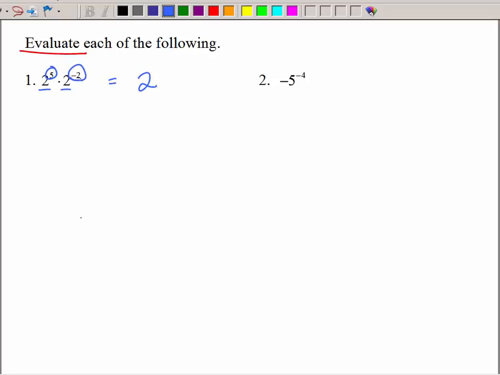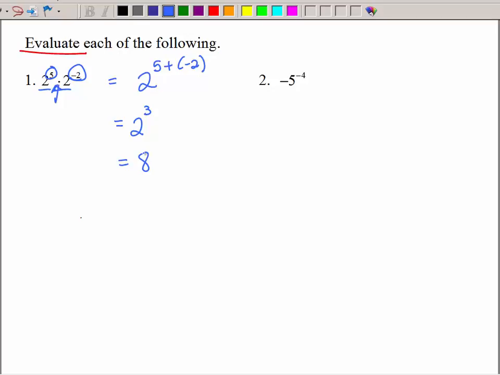And what do we do with those exponents if we're multiplying the same base? We would add them. So that's 5 plus a negative 2. So that's 2 to the 3rd power, which means 2 times 2 times 2, which is 8. So notice I did not take the reciprocal. I just used my rules of keep the same base and add the exponents.